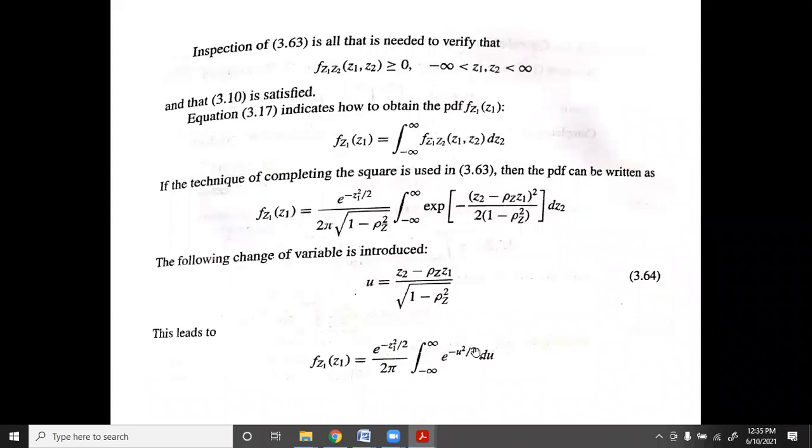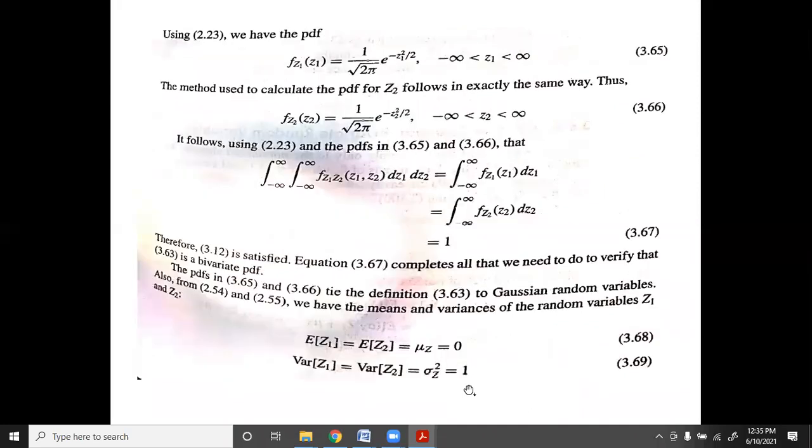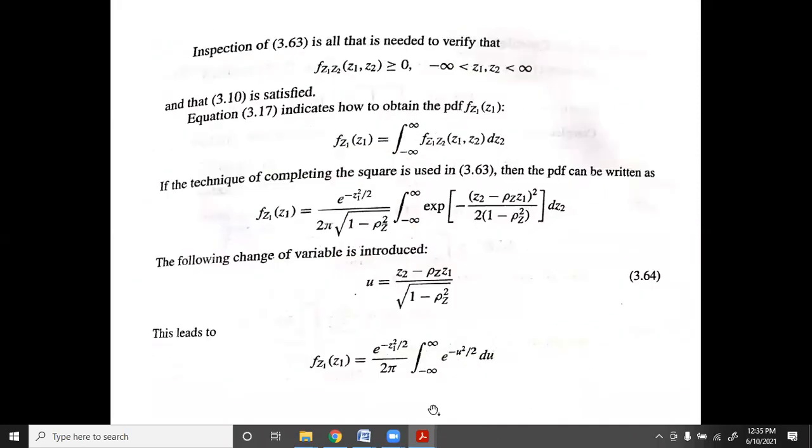Because this quantity whatever we have over here is equal to 1. Okay, this value will be equal to, I think, root of 2 pi. We can go back and check what this quantity will be. Okay, if you integrate it totally, the quantity which we will get is root of 2 pi. Okay, root of 2 pi.